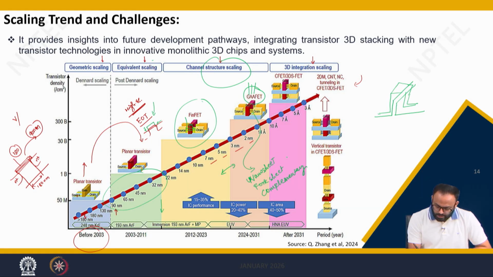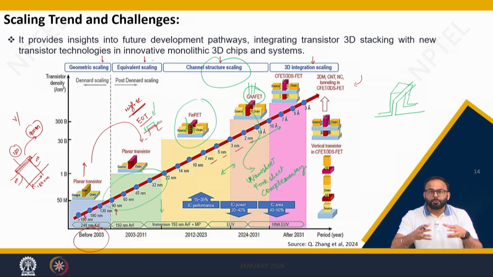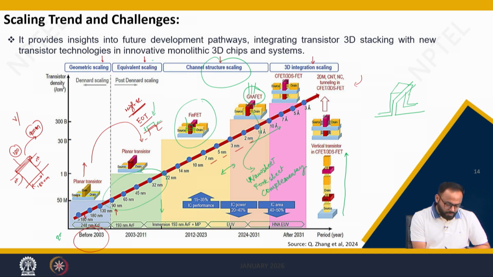So, the expected trend of scaling will go after 2 nanometer into angstrom, and in that angstrom regime we need to reduce the footprint area. Instead of having horizontal stacking, we will go for vertical transistors, right. So, this is the scaling theory from year 2000 to expected 2032 or so.